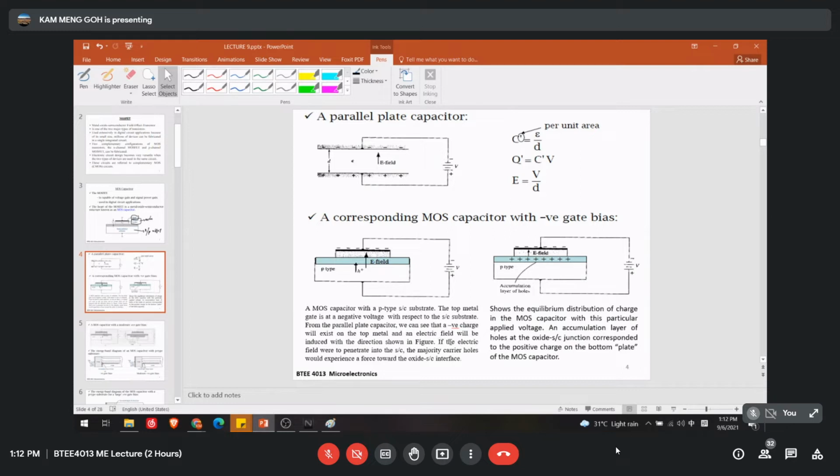And then the electric field will penetrate into the semiconductor, so the majority carrier holes will experience a force towards the oxide, which means that if you have a negative charge here, the positive charge will come here. This will accumulate a layer of holes at the oxide region, which means that originally all the positives are somewhere around here, but right now they will gather in this area.